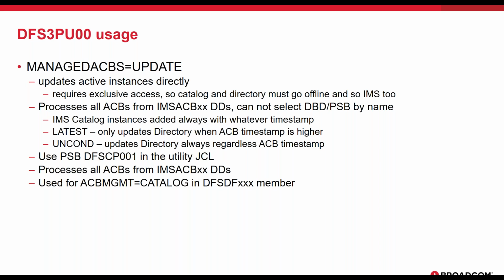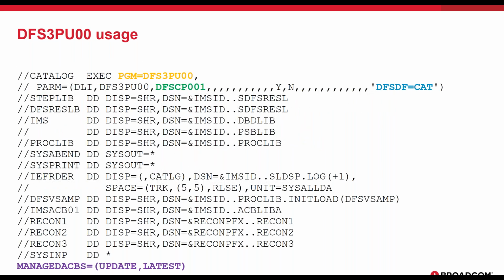And as a PSB, from this point the updating one is always used, DFSCP001. And here is the JCL, which looks exactly the same as the previous one, just the input is different, the SYSIN is different.